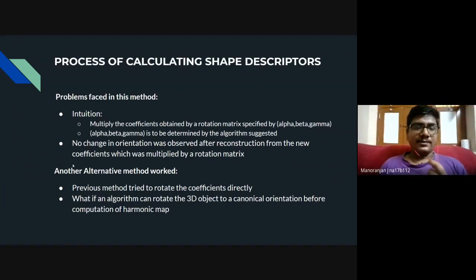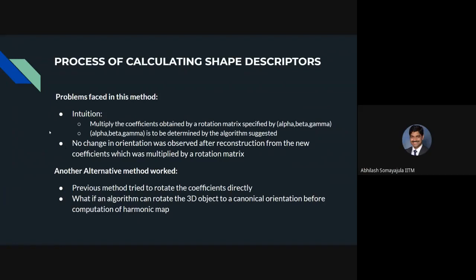Okay, I think let me give one try, Manoranjan. Yes, sir. Although I'm not sure whether I'll be successful, let me give it a shot anyway. So Nimesh, what he wants to do is, starting from some orientation, he will get some coefficients, correct? But then he wants to standardize that orientation so that the descriptors are invariant.